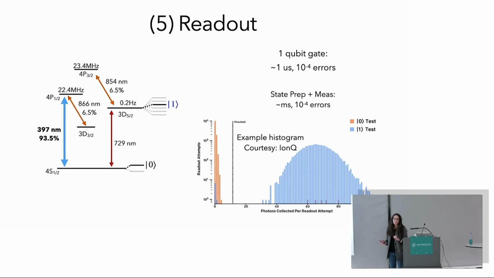So without trying too hard, we can read out for about half a millisecond, maybe about a millisecond, and get pretty good fidelity, but we can also use fancier techniques to read out faster with even higher fidelity. The state of the art is maybe hundreds of microseconds or a millisecond with, again, 10 to the minus 4 errors.